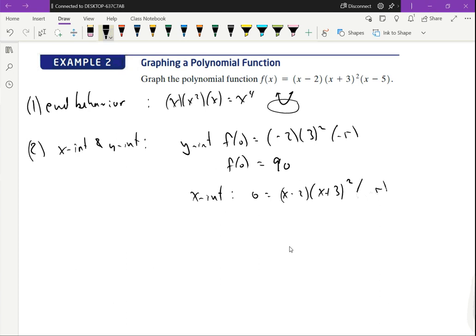So 0 could be x minus 2, 0 could be x plus 3, and 0 could be x minus 5. If we solve each one, if I add 2 to both sides, one x-intercept is going to be 2. Subtract 3 from both sides, so another x-intercept will be negative 3.